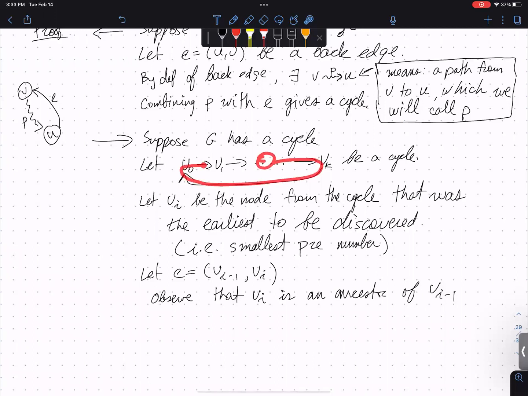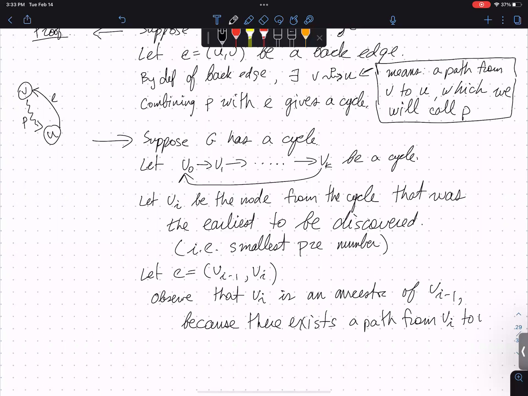There's a path to VI minus 1 because it's a cycle. Because there exists a path from VI to VI minus 1. Therefore, E is a back edge.